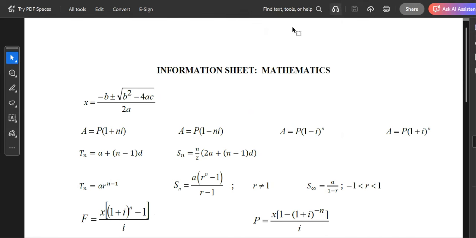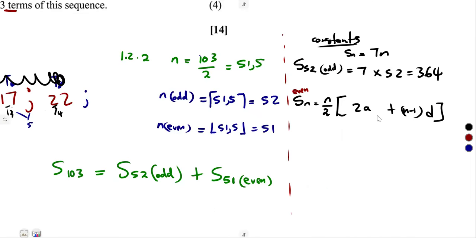All right, from our arithmetic, we can simply substitute what we are given there. For the odd terms, we have got the constants, which is fine. Then for these even terms, how many are they? 51. So n is 51 for the even terms. We substitute in place of n, that's 51 over 2.